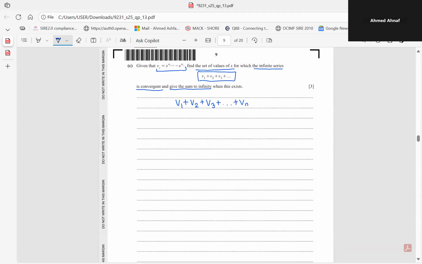So i, j, k. The first vector is 1, -2, -1, and the next one is 3, 2, and -2.